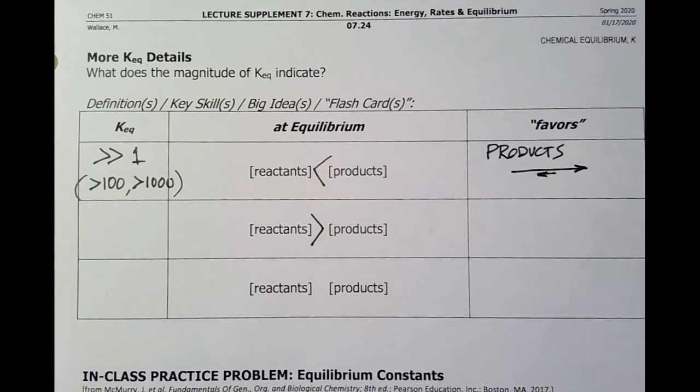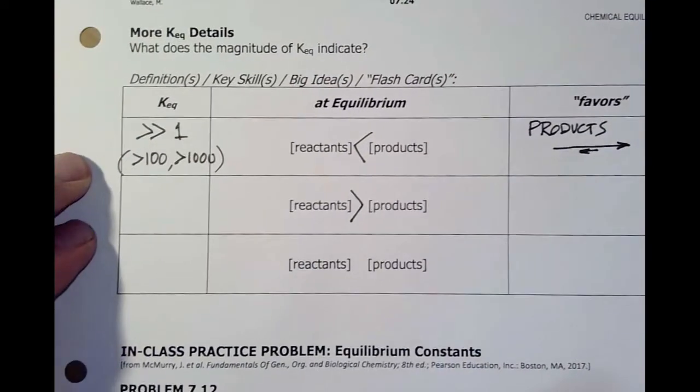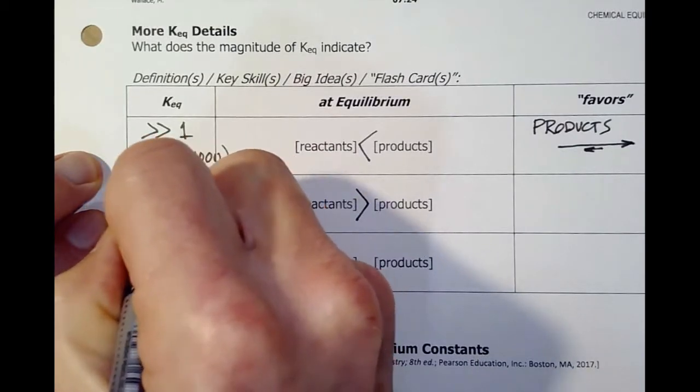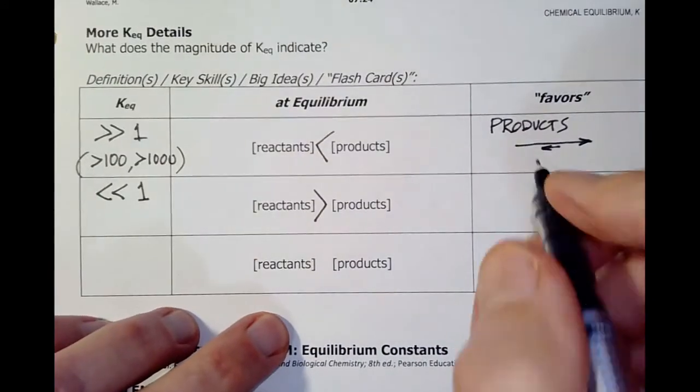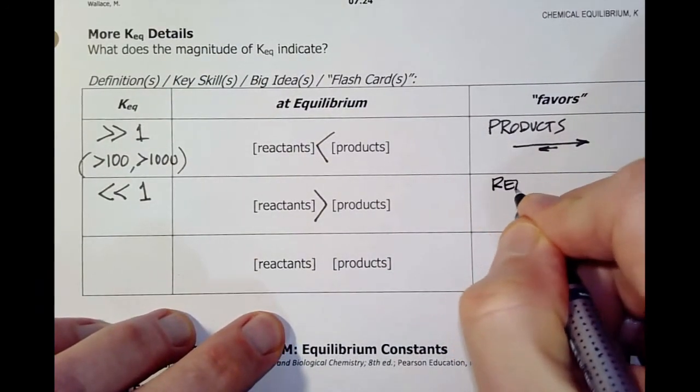I don't have a lot of products, but I still have a lot of reactants left over. Well, then K is much smaller than 1. The ratio of products over reactants is much smaller than 1. And so we say it favors the reactants.